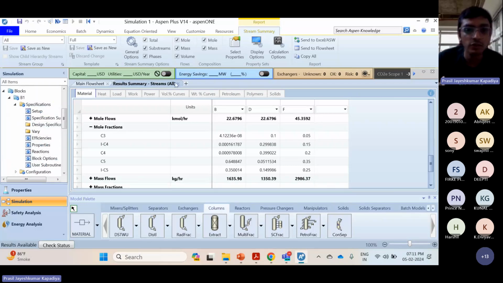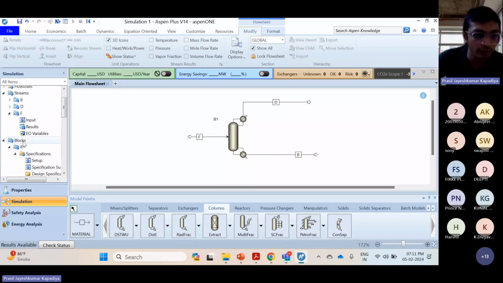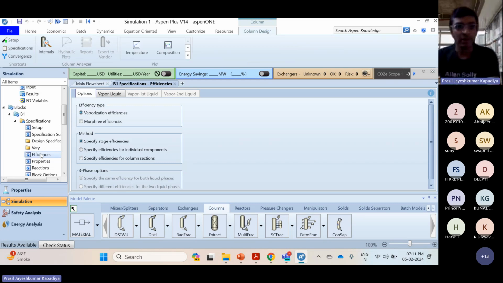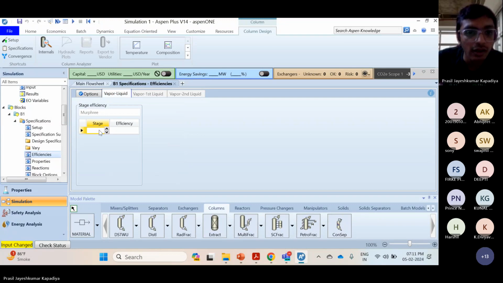So wait, I'll show you. This block is B1. So in B1 block, there is one point of efficiency. Click there. Which efficiency we need? We need Murphree efficiency. Specify Murphree efficiency.